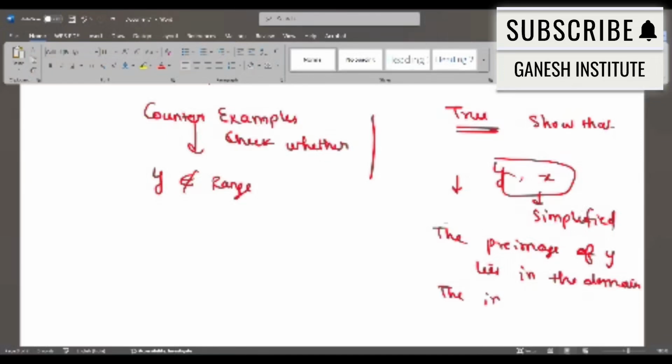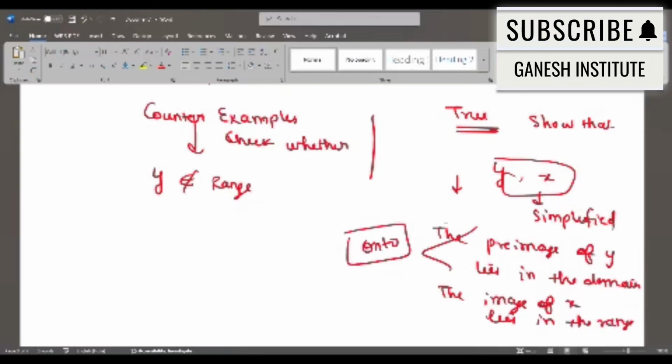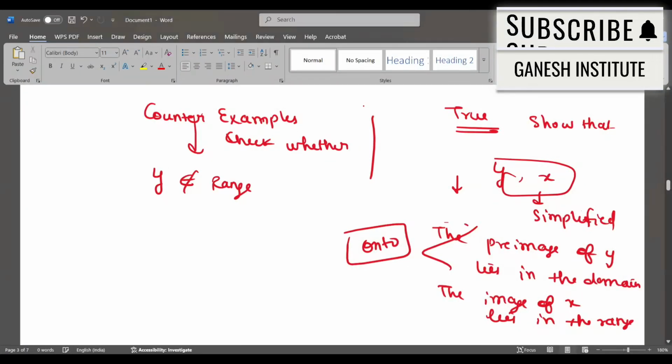The image of x, that is the value of y, lies in the range given, hence it will cover all the values of y. No y is left without its preimage, hence it is onto.